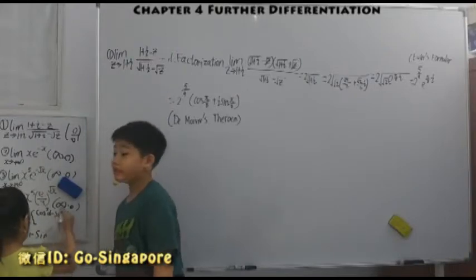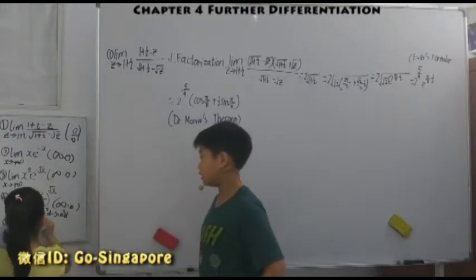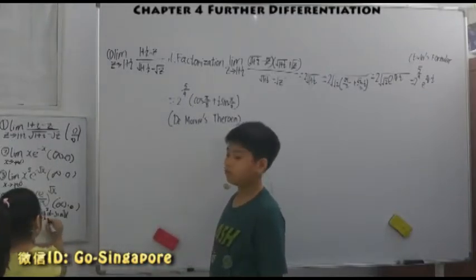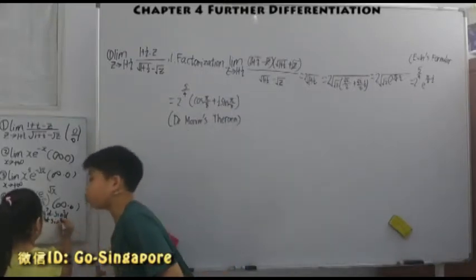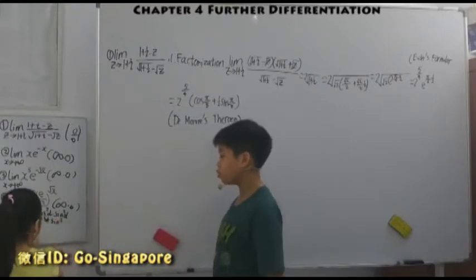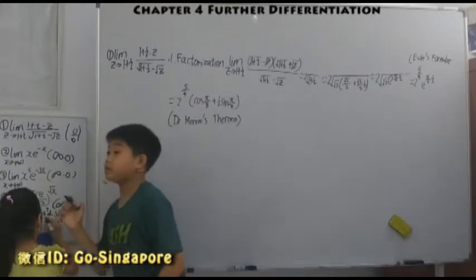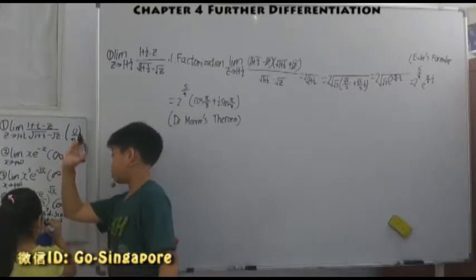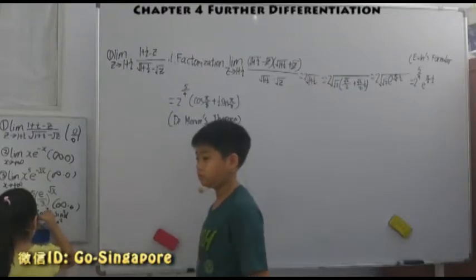This is not a D, this is an alpha. There's the 2. You must write that 2. So it's 2 cosine square alpha minus 1.